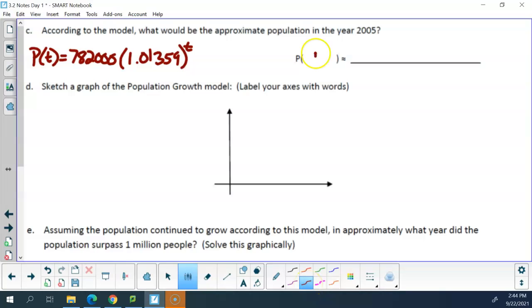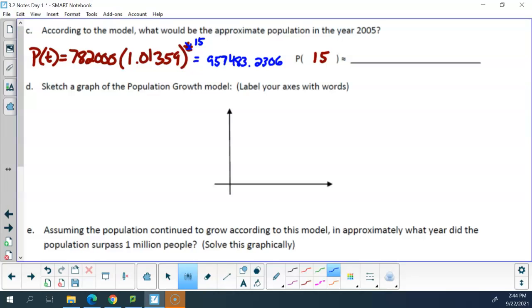So 2005 is the 15th year after 1990. The answer is 957,483.2306. Now, I used it the exact way.